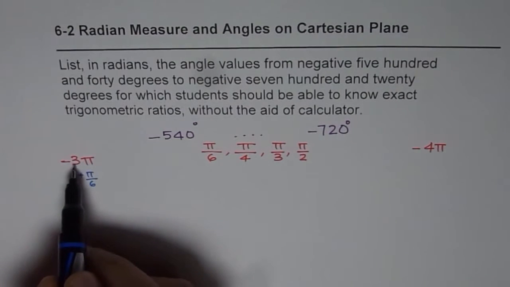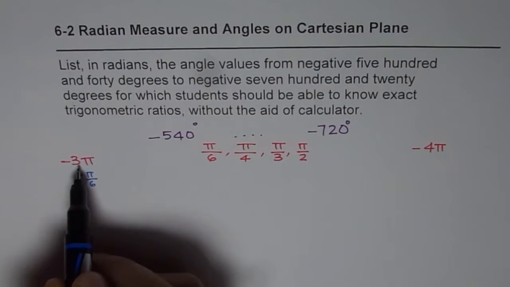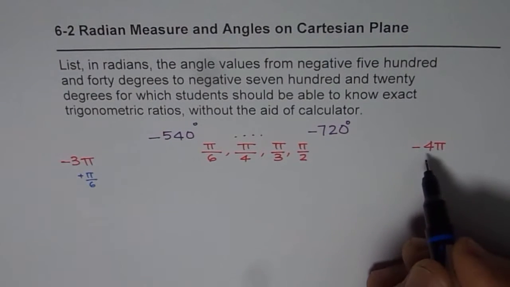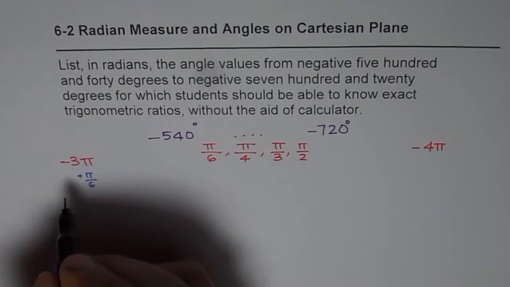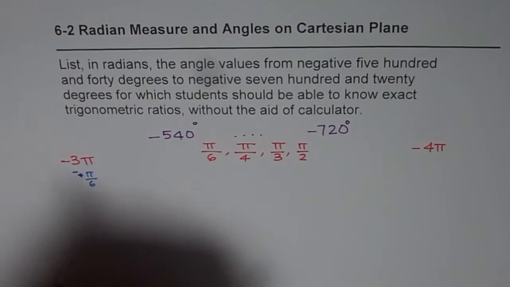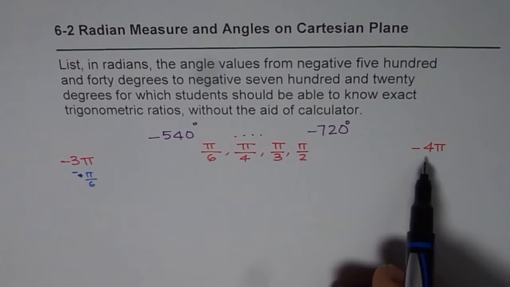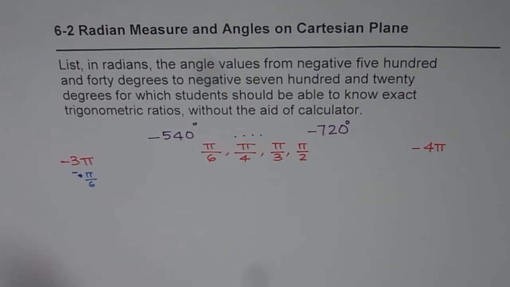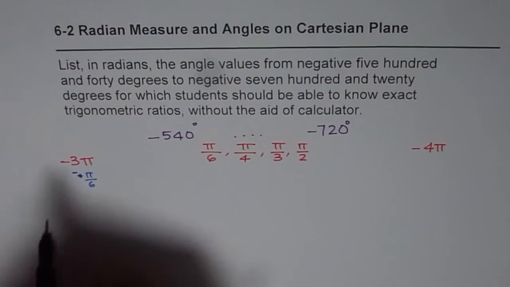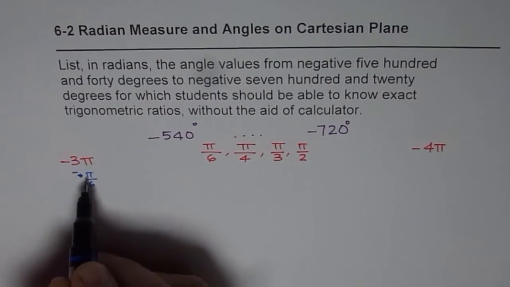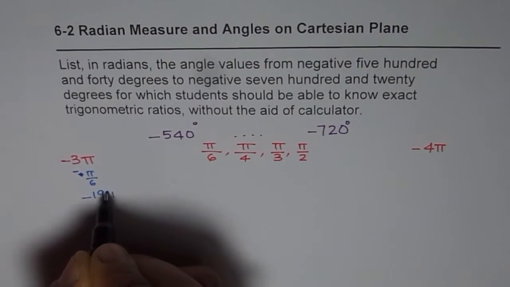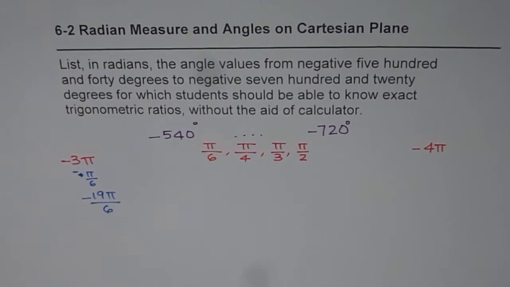Because this is more negative, I mean adding negative numbers. So 6 times 3 is 18, and 18 plus 1 gives you minus 19 pi by 6. I hope you get the concept.